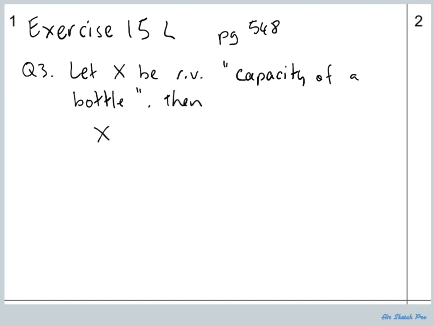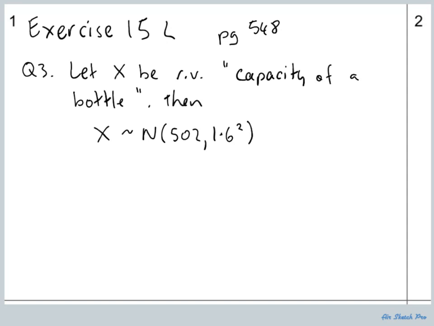Then X is distributed normally with a mean of 502 and a variance of 1.6 squared. Okay, so there's the setup. Any questions yet?